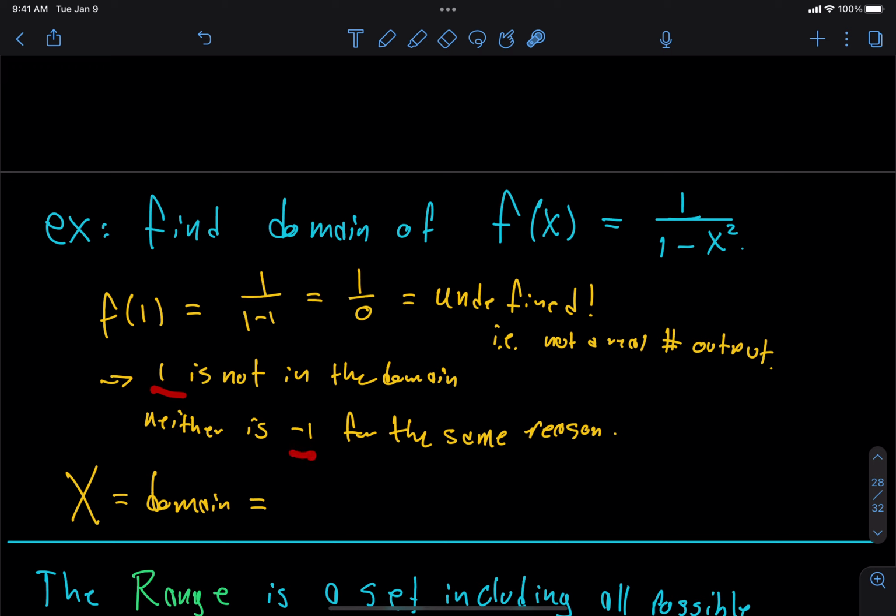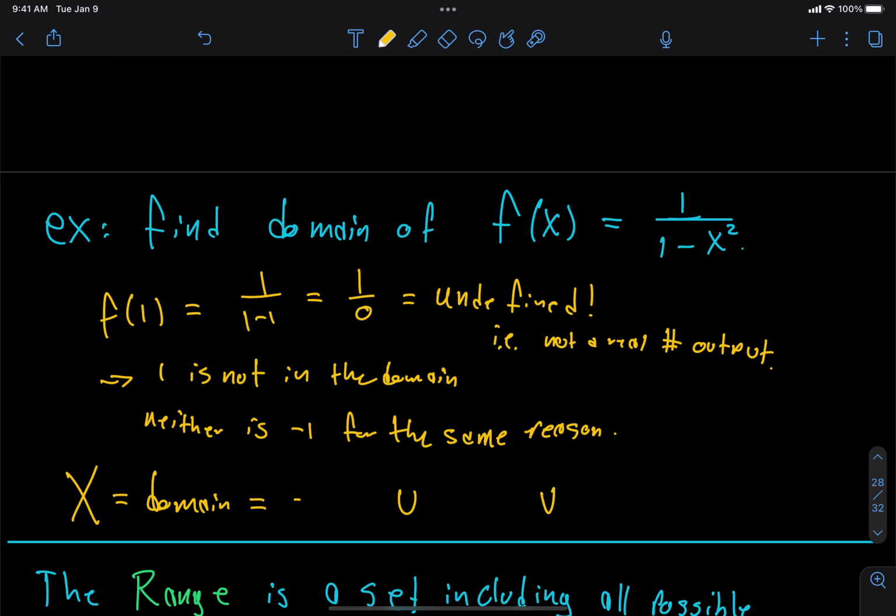How can I write that down using interval notation? I want to include all real numbers that aren't negative 1 or 1. Well, I'm going to need 2 unions to do it. How should I start?